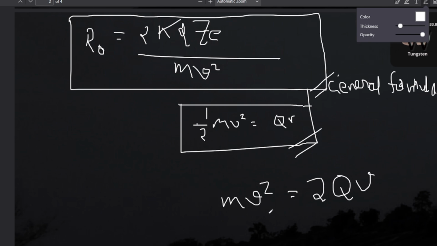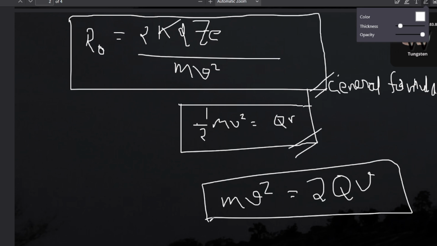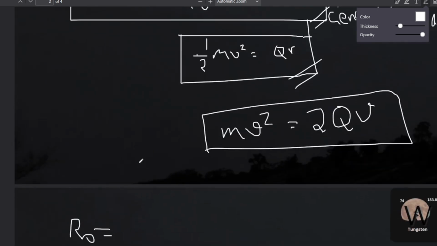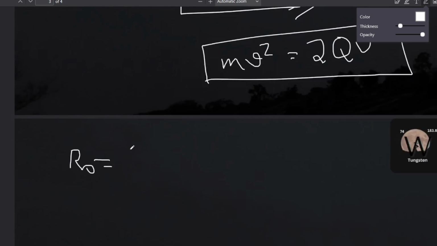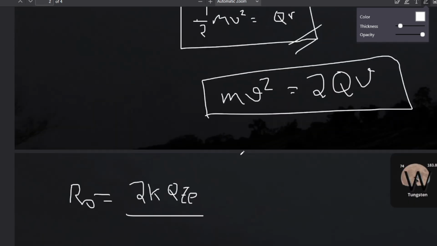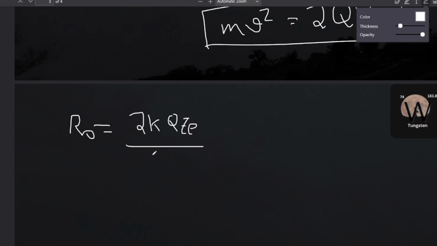If we change it a little bit, it can be written as this. Now let's substitute this in here. So r0 will become, the numerator will stay the same, 2kQZe upon, and here mv square will become 2qV.